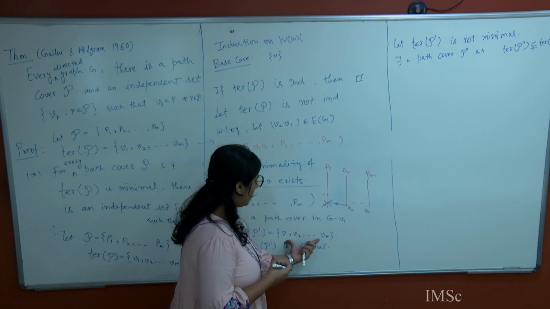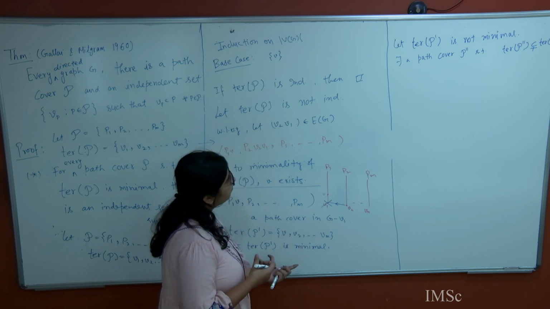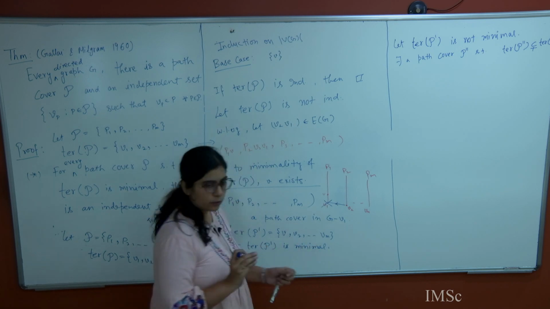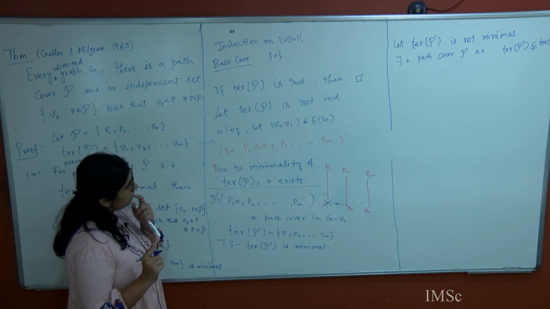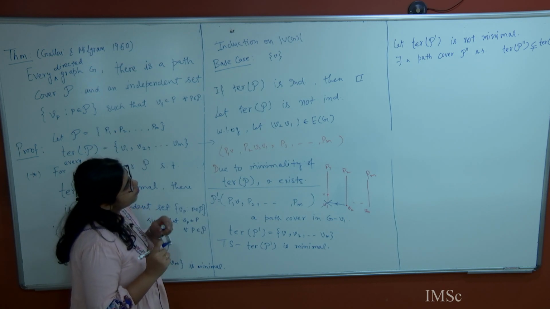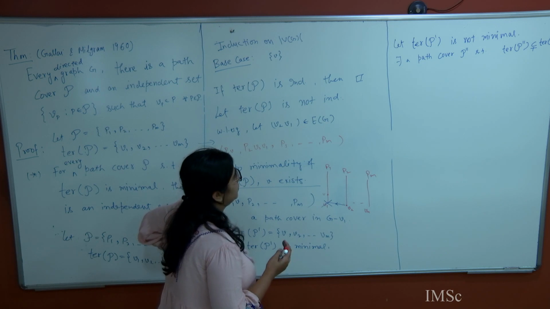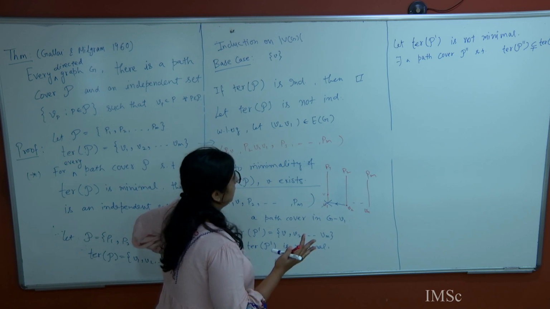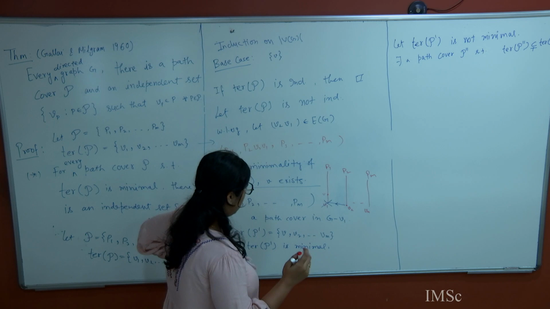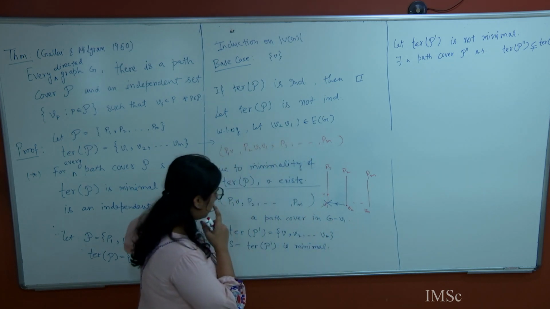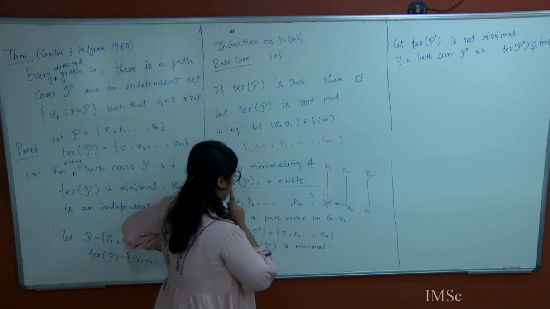So what we want to do is, there exists a path cover and we want to get to some contradiction, but from where?